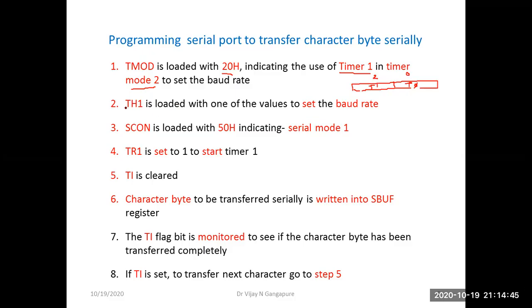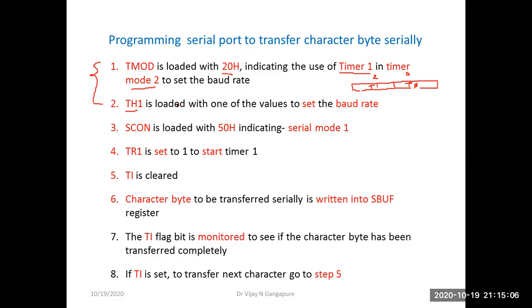Then TH1, that is timer 1 higher order register, is loaded with one of the values to set the baud rate. These two steps will configure timer 1, which is used while serial port programming to set a particular baud rate.